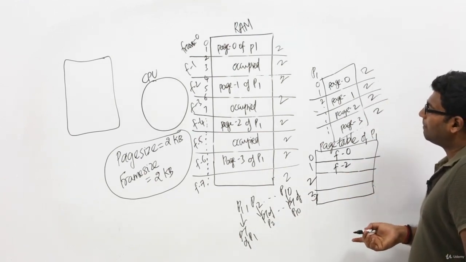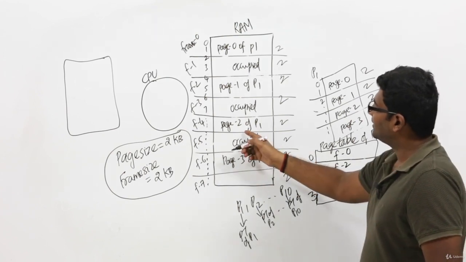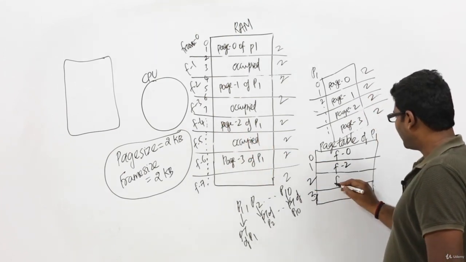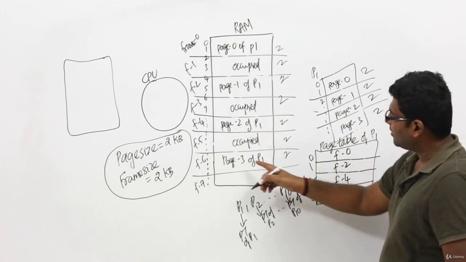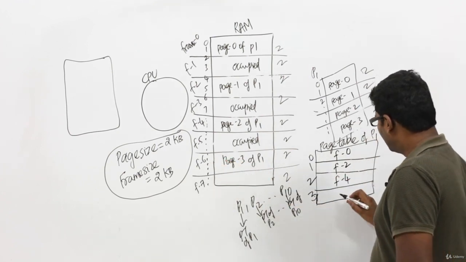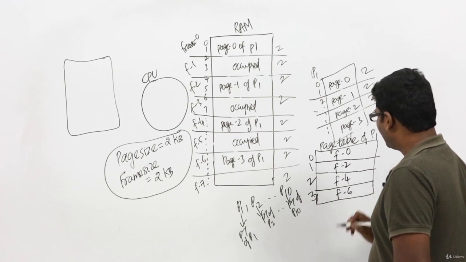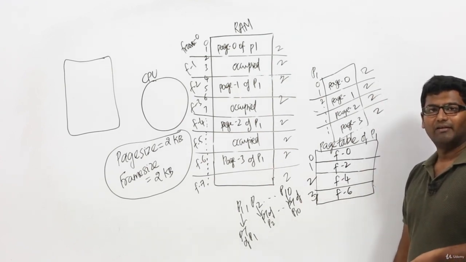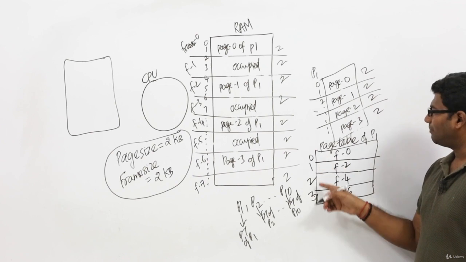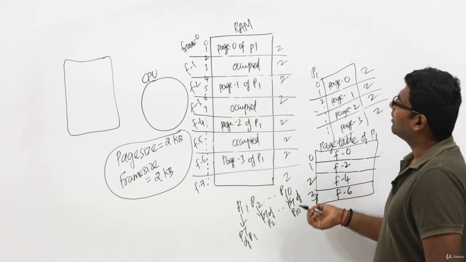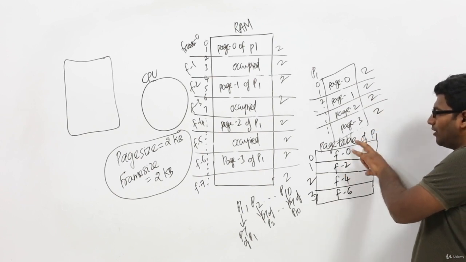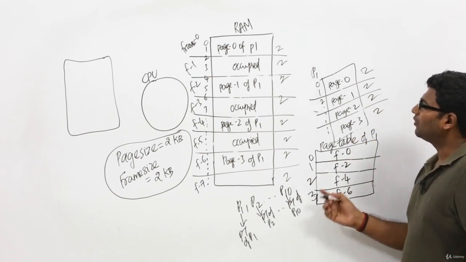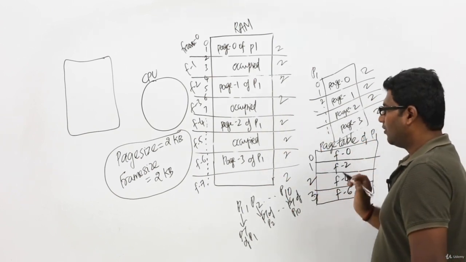Similarly, page 2 of P1 is placed in frame number 4, and so frame 4 will be placed here. Page 3 of P1 is placed in frame 6, and so frame 6 is placed here. So that is the reason we keep the number of entries in the page table equal to the number of pages of process P1. Okay, fine.